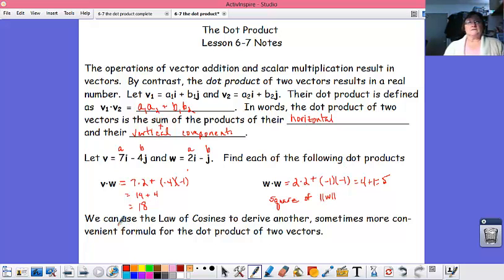We also want to look at how we can use the law of cosines to derive another formula for the dot product of two vectors. This is easy. If all we're asked to do is find the dot product and we're given two vectors, this is what I'm going to do every time. But if we really want to use the dot product to help us solve problems, then there is another formula that will maybe be more convenient for that kind of problem solving.